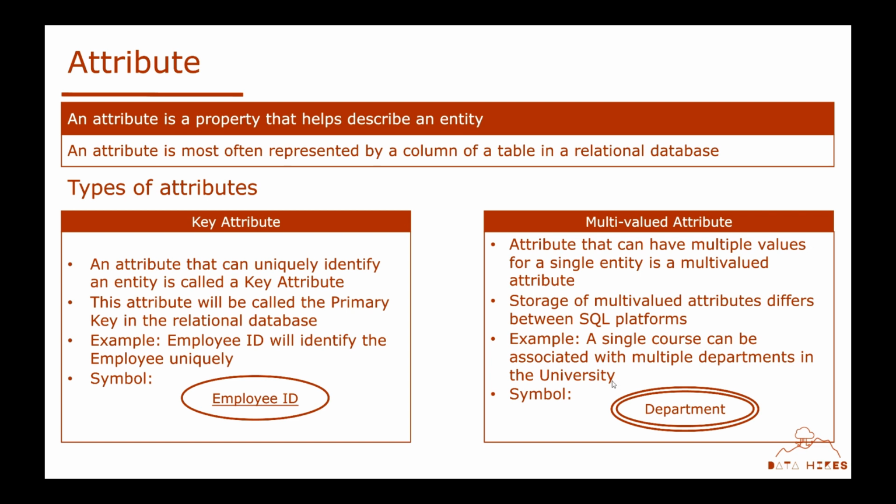This means if there is a course, say computer networks, it can be associated with multiple departments, say computer science and computer engineering within the university. So the single course can have multiple values for its department attribute, and it is represented using a double ellipse as you can see here.